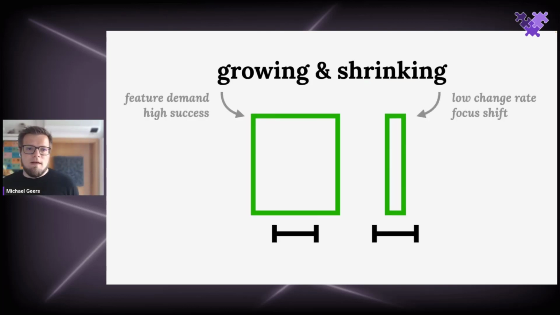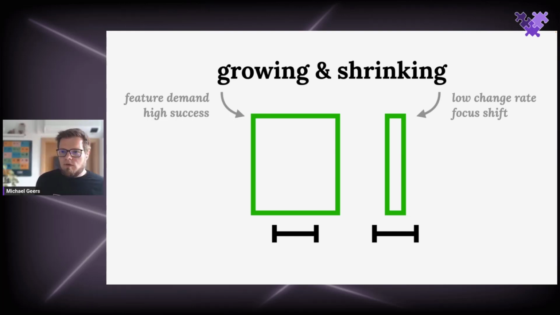Okay, so now let's talk about growing and about shrinking. Growing happens if you've started with a system and the feature demand of the system is very high, because maybe it's successful, or maybe you want to try out a lot of stuff and your backlog is bigger than your team can handle. So the system should grow, and you need a pattern where you are able to cope with this workload.